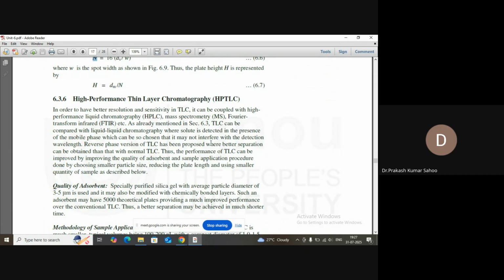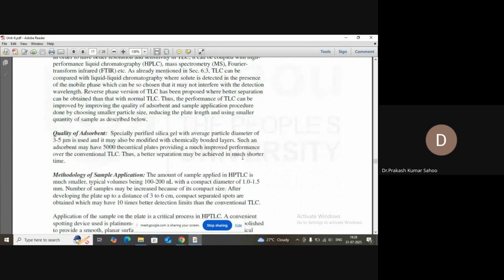It has a better resolution and sensitivity, like mass spectrometry, FTIR. In this technique we have a quality adsorbent, that is your stationary phase, and the particle diameter is 3 to 5 micrometer, and we have 5,000 theoretical plates.